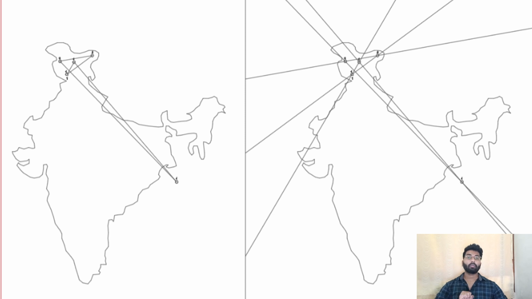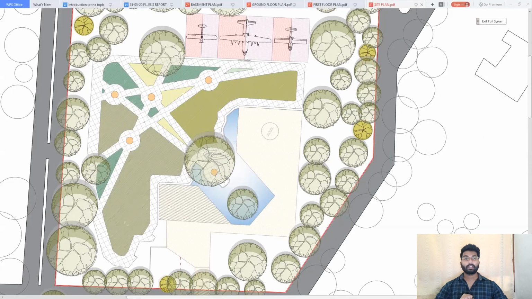So the main concept here was to represent the places where the wars have happened, that is 1, 2, 3, 4, 5 and 6. So I have joined the lines from 1 to 2, 2 to 3, 3 to 4, 4 to 5, then 5 to 6, and then again 6 to 1.